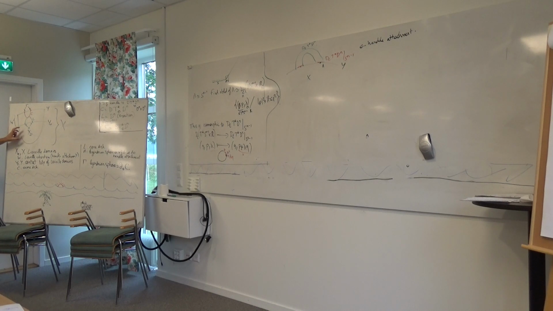I do a handle attachment on X_0 and I get X, and on Y_0 I do a surgery and I get Y. So surgery is for contact manifolds and handle attachments are for Liouville domains that are linked. So this is it.